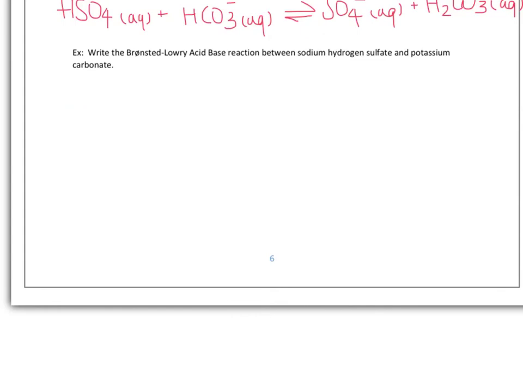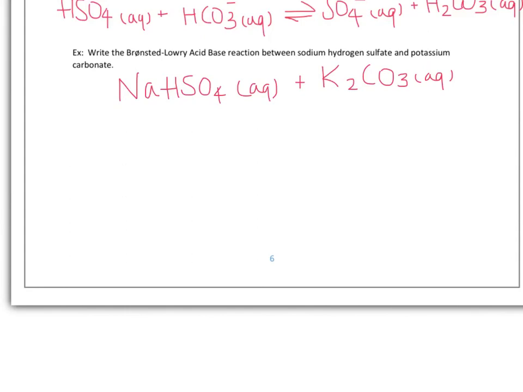Sodium hydrogen sulfate is NaHSO4, since sodium has a 1 positive charge and hydrogen sulfate from the back of the periodic table has an overall negative charge. And potassium carbonate, which would be K2CO3, since potassium has a positive charge and then carbonate has an overall 2 negative charge. If you require extra help with that, please let me know.